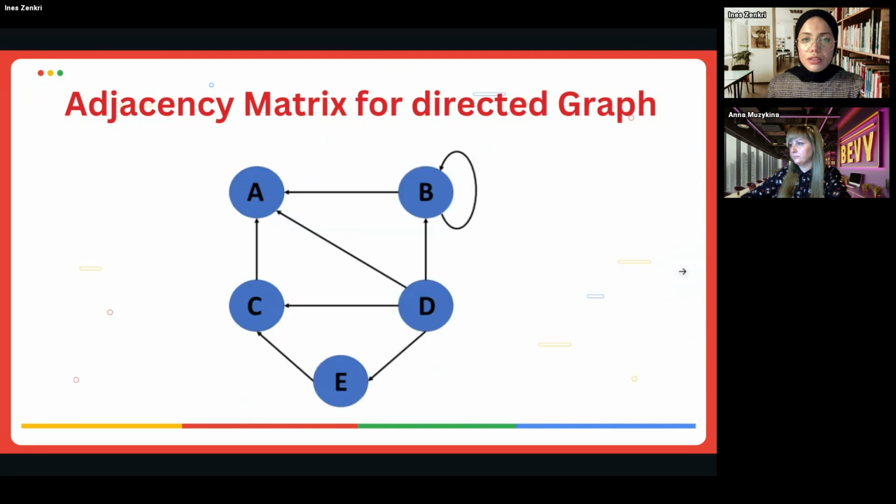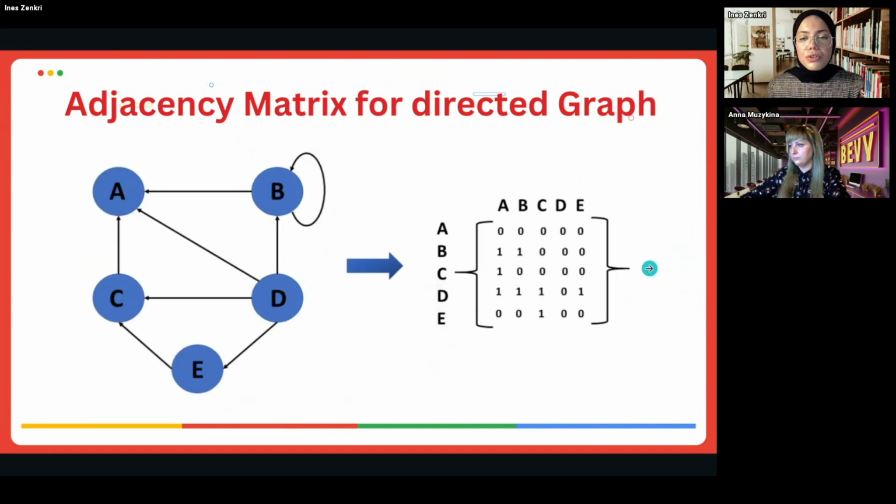And for directed ones, it will look a bit different. We won't have a symmetric matrix anymore, but rather we will have this matrix. So as usual, if there exists an edge between a node and another, we denote that as 1. If there is none, then we just write down a 0.